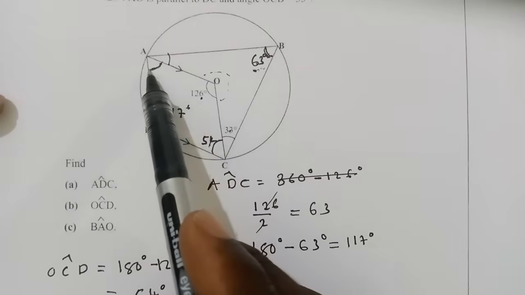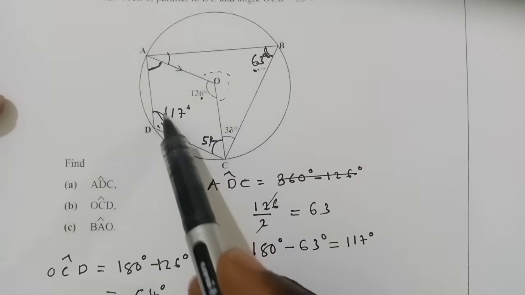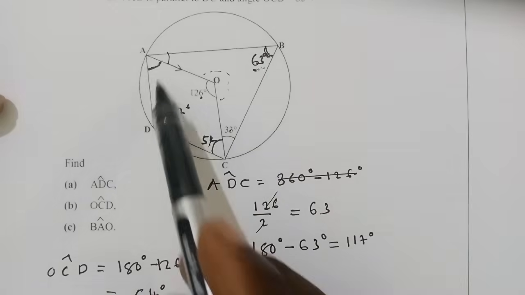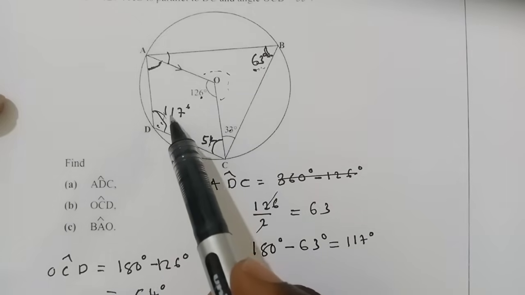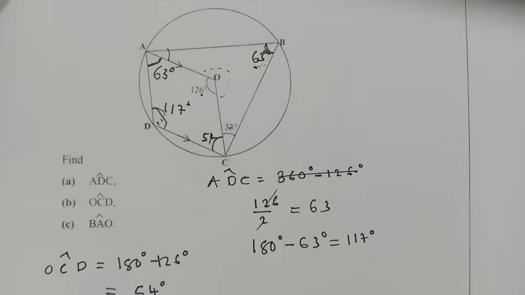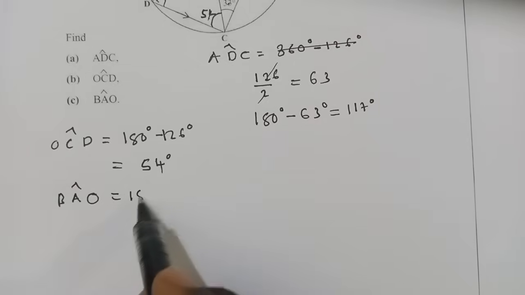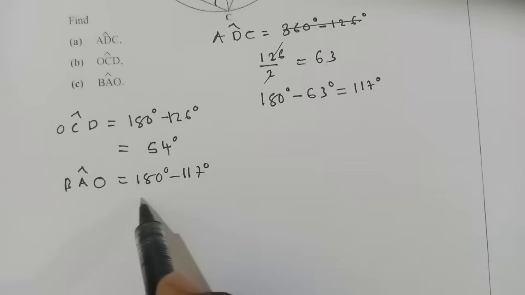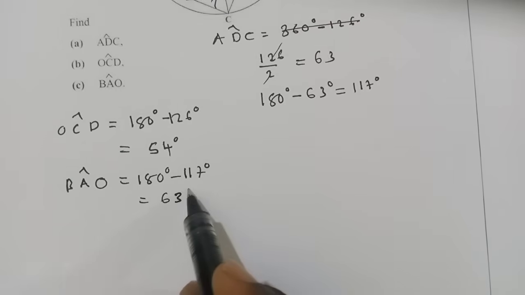I know this one can be found, where we'll just say 180, because these are interior angles, 180 minus 117, we're getting 63 degrees.